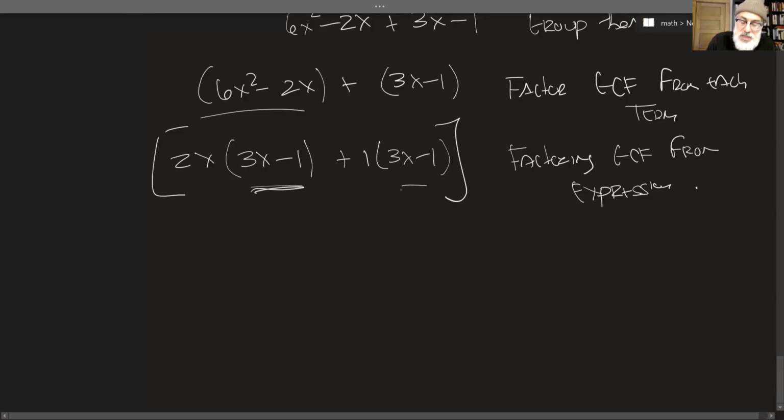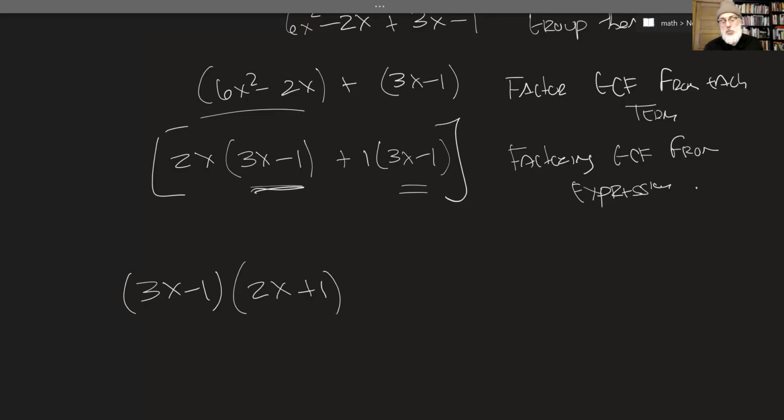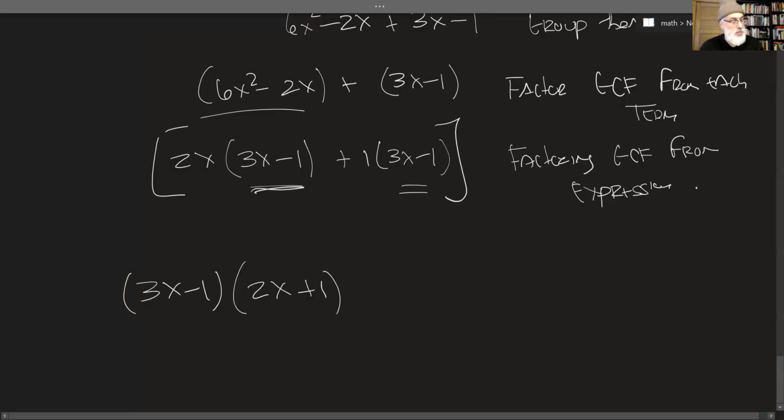So they both have 3x minus 1 in common. So I'm going to bring out a 3x minus 1, and I'm left with a 2x plus 1 afterward. So that's a factorization when we have a number in front of x squared that isn't 1.